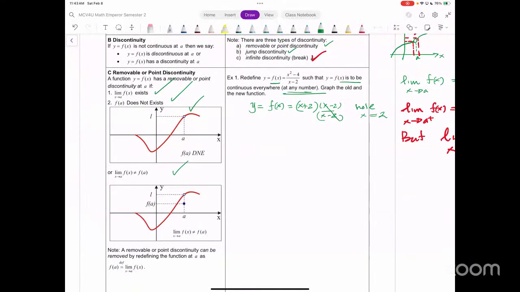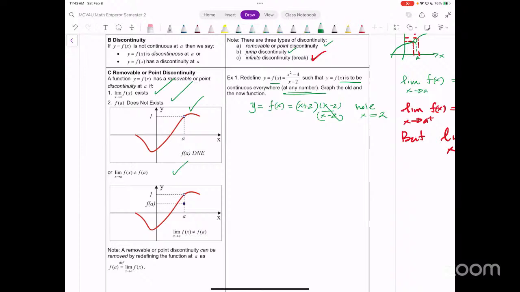Redefine the function means do not change the function, but do something to it. Anyone else? So you can redefine this one by a piecewise function.